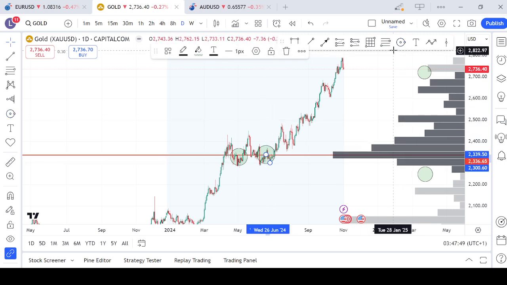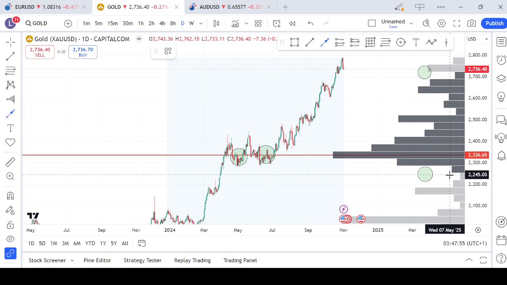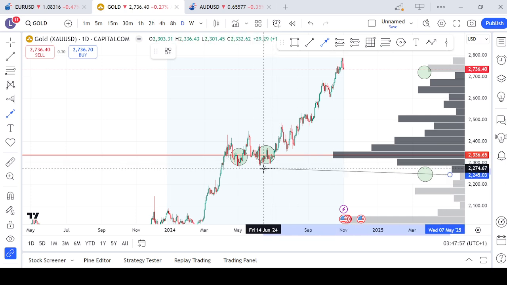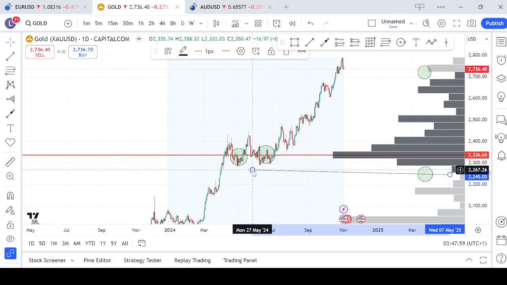And it also uses the value area low, which is right here, as support. You can see that also.